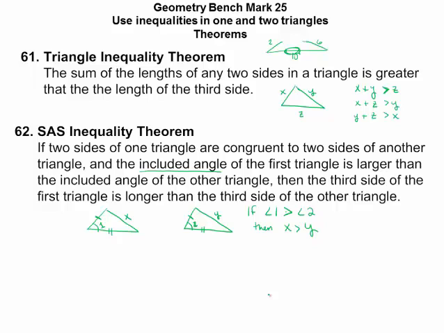Make sense? That's all this is saying. If I have two sides that are the same, but the angle in the middle is not the same, then the third sides are not the same. And the bigger angle produces the bigger third side. Not too bad. It's kind of logical.